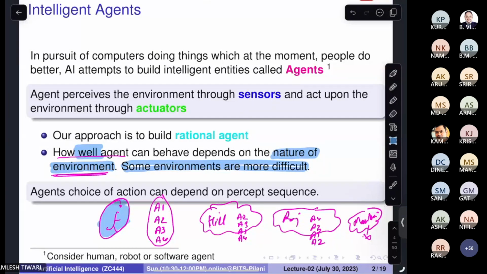So performance depends upon the environment also. Generally our understanding is that performance depends on how well I have trained this particular system. But now what I'm saying is that it depends not only on the system, but also on where it is going to be deployed. The environment is also a very important part.